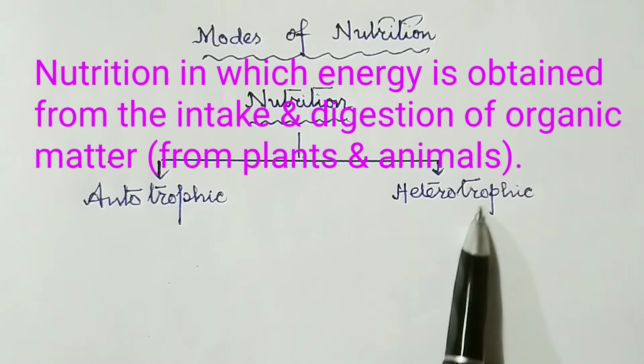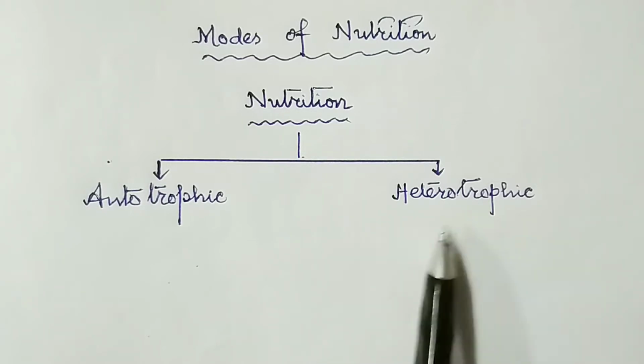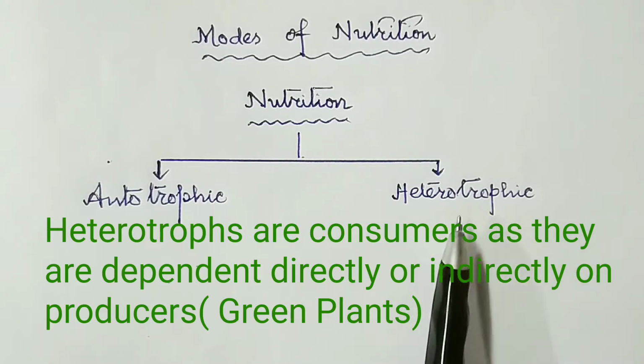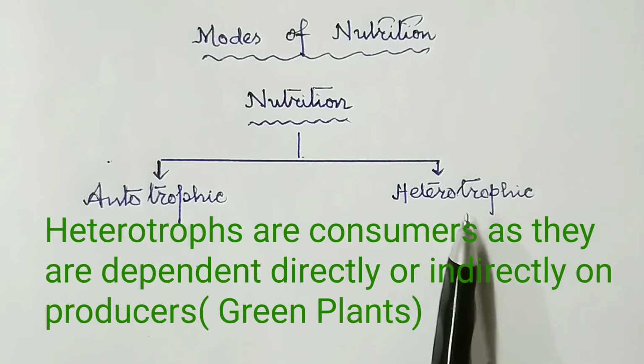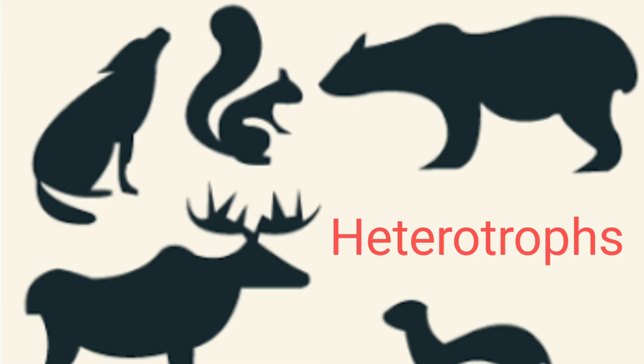That means heterotrophs take their nutrients from other animals or plants. They cannot prepare their food. Since they depend upon other organisms for their food, heterotrophs are also called consumers. All animals and some plants such as bacteria, fungi and some non-green flowering plants are heterotrophs.